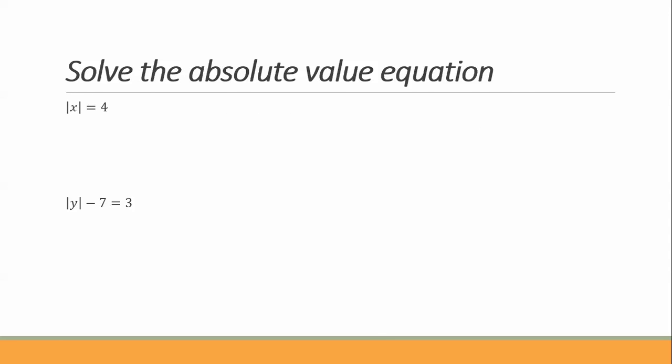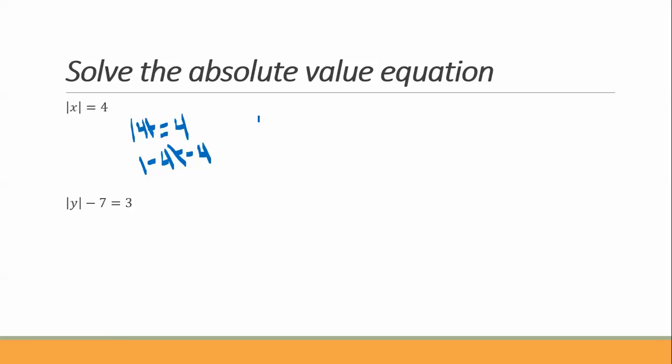So to solve the absolute value equation, the absolute value of x equals 4. Recall, the absolute value of 4 is equal to 4, and the absolute value of negative 4 is also equal to 4.